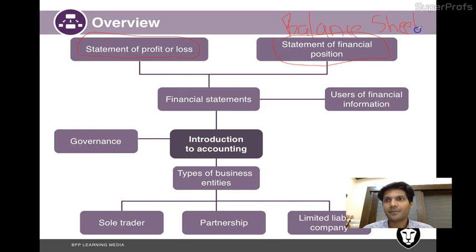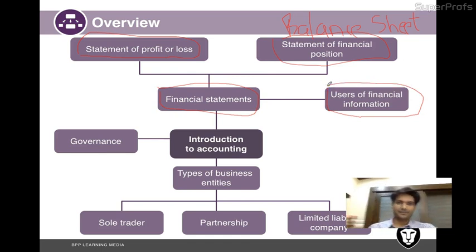Remember, SOFP, the statement of financial position, is also known as the balance sheet. All these are known as financial statements, which are used by the users of the financial information. Who they are, I will talk about later.